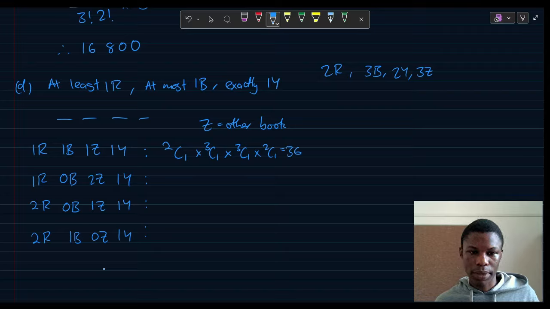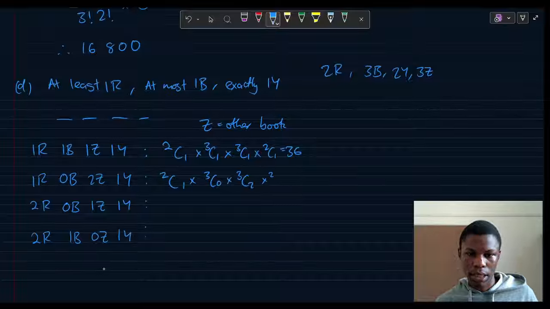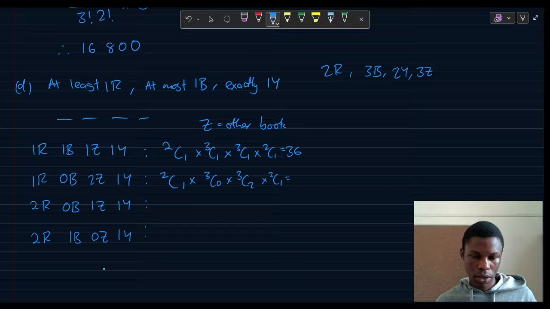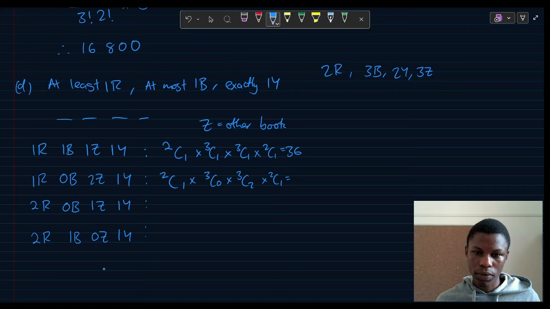And then here we're picking 1 from 2, and then 0 from 3, and then 2 from 3, and 1 from 2. So that's 2 times 1 times 3 times 2, which is 12.